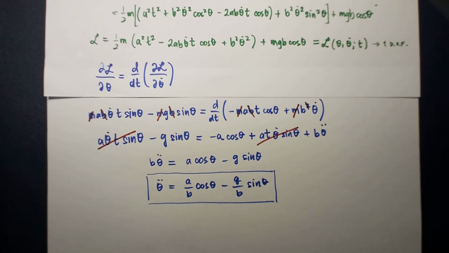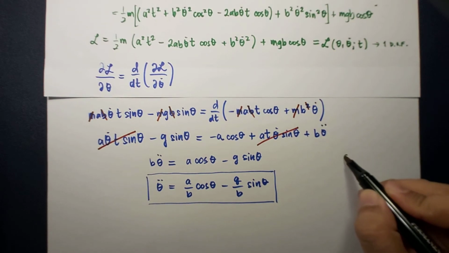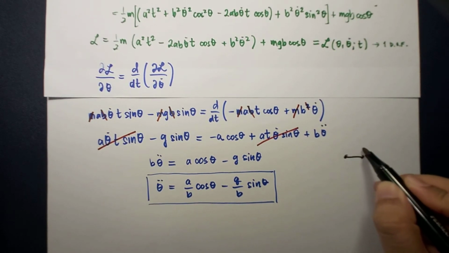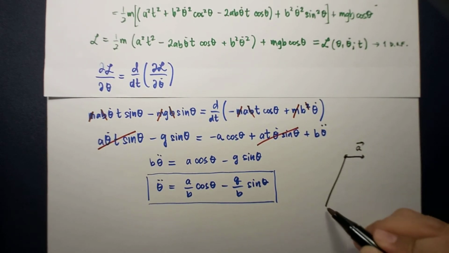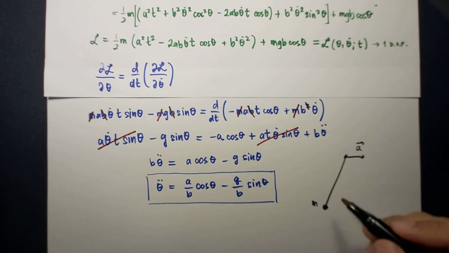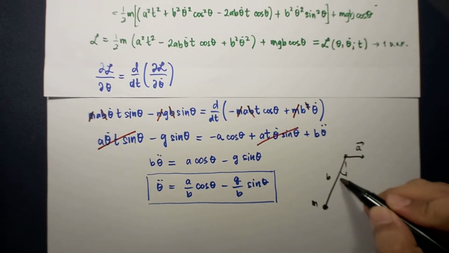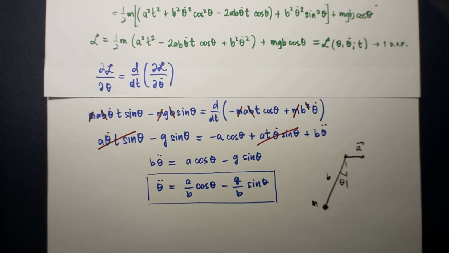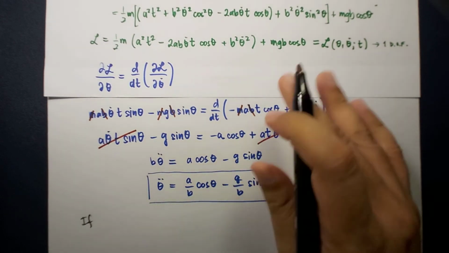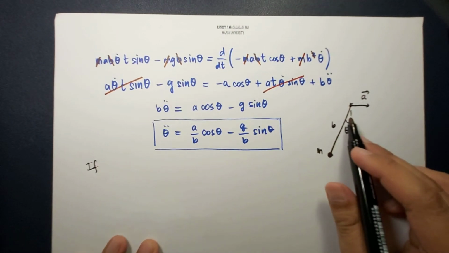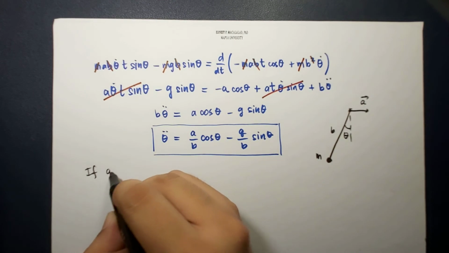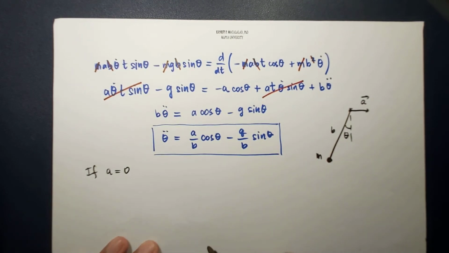Okay, so if we're going to look at this equation again, let's redraw our problem. So this is your support, and this is moving with a constant acceleration, and then this is your pendulum. Remember, this is your particle. Now, if for example the support is not moving, that means a is equal to 0.